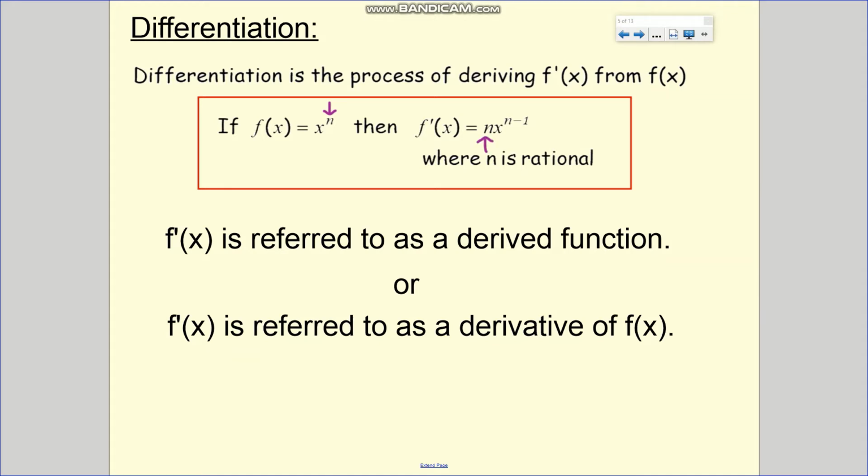And what we do is we take one unit away from the x power. f dashed of x is referred to as the derived function, or you could call it the derivative of f of x as well. What we need to know is that our notation is f of x first of all, and then f dashed of x after we've done some differentiation.